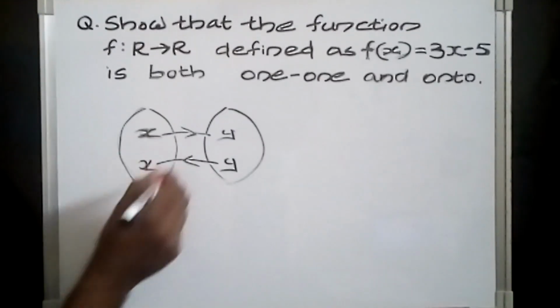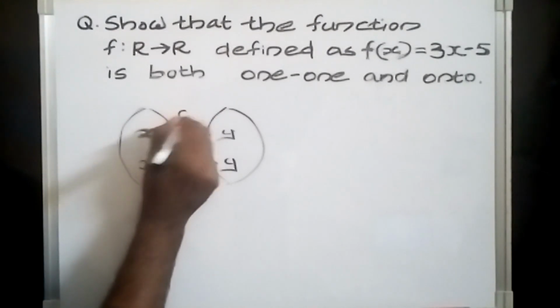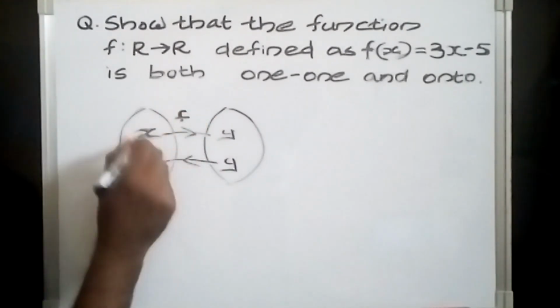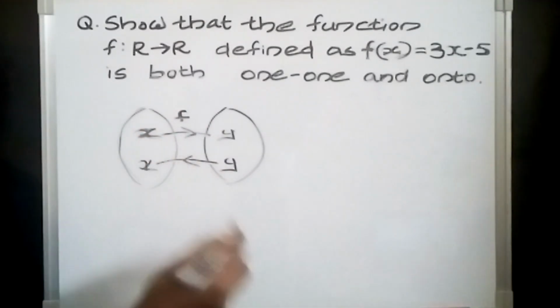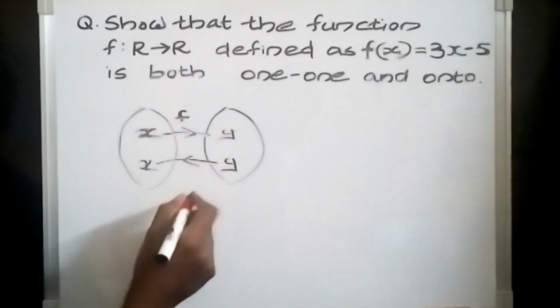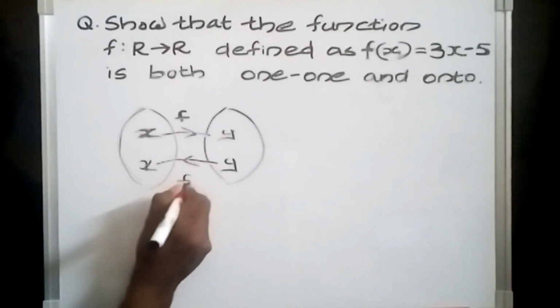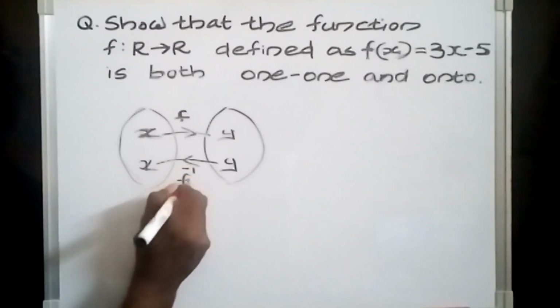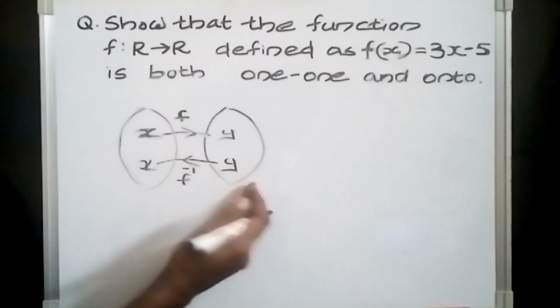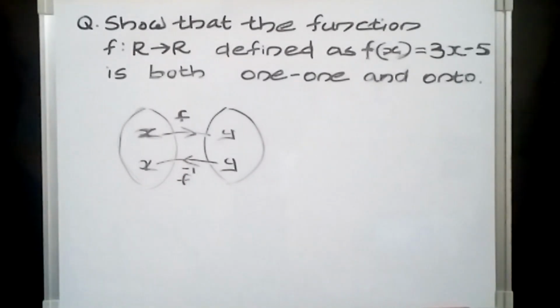Thus, if f defines a function which relates x to y, we can define a reverse function called the inverse of the function from the second set to the first set.